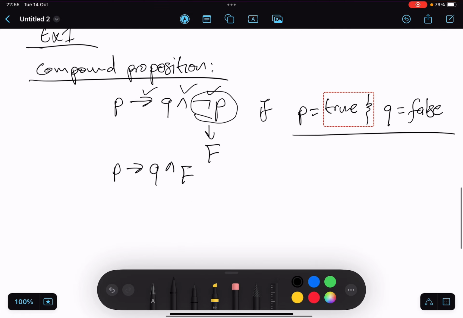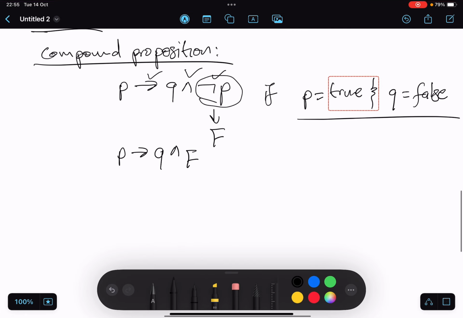When we are looking at this conjunction, Q and false. Remember what we said about the conjunction: it is true only if both statements are true, but here one of the statements is true and the other is false.